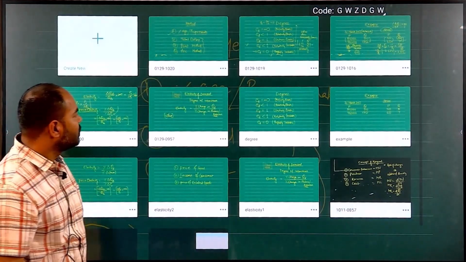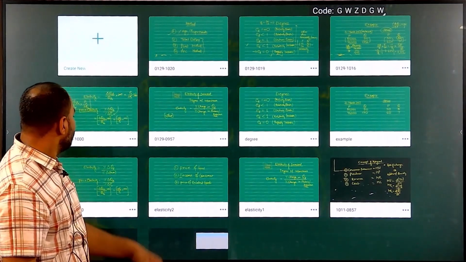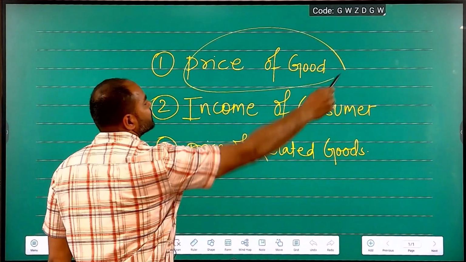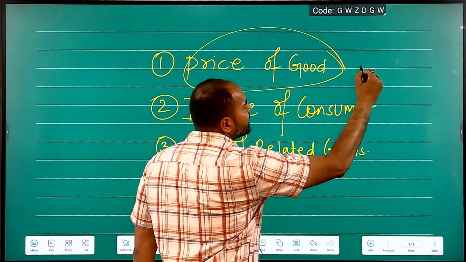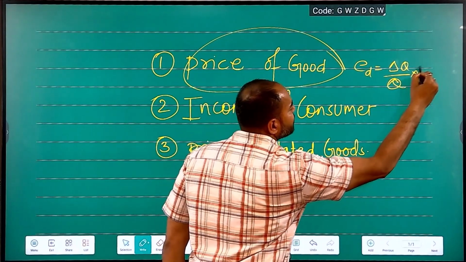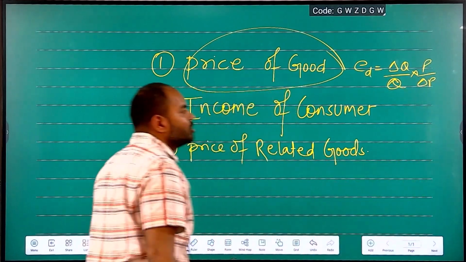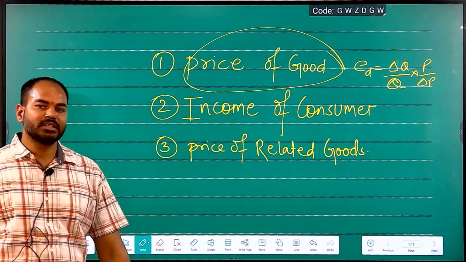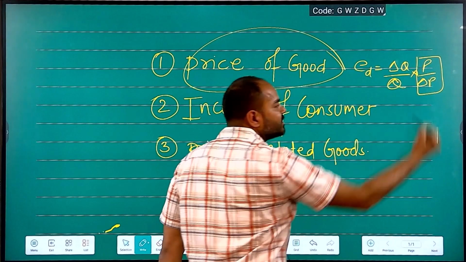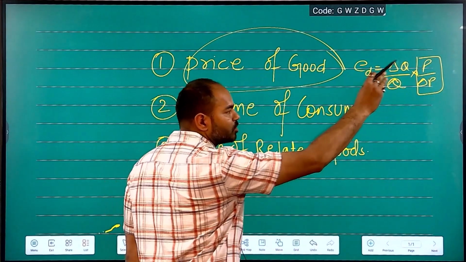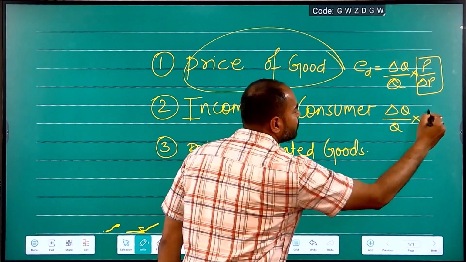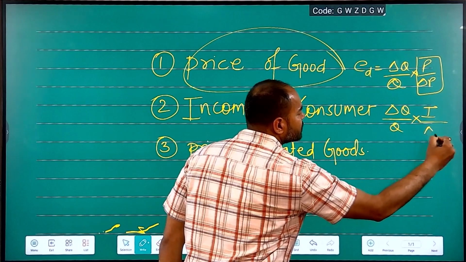Now, let's discuss income elasticity. In case of price elasticity, the formula is change in Q upon Q multiplied by P upon change in P. So, what will be the formula for consumer income elasticity? The factor is P. In that place we can put I. Yes, delta Q upon Q multiplied by income upon change in income.